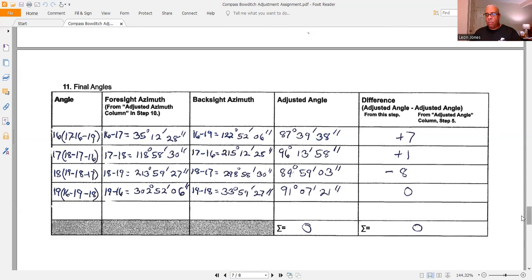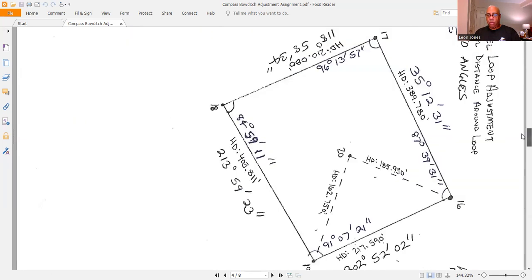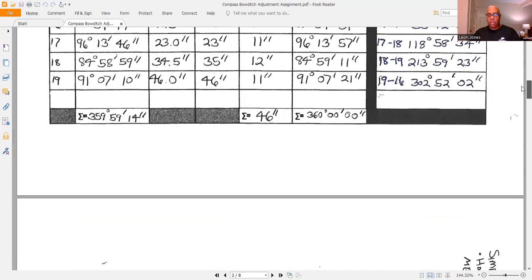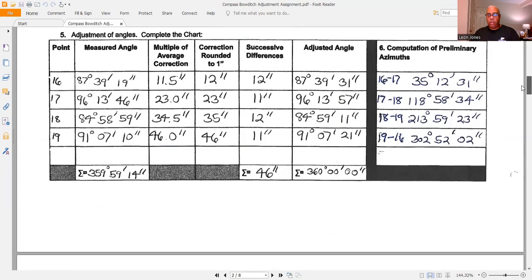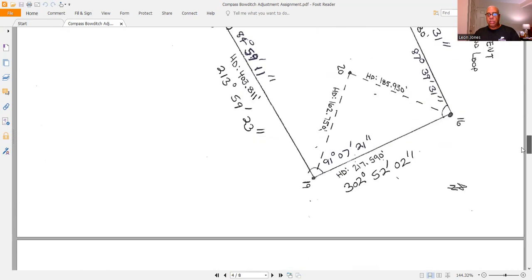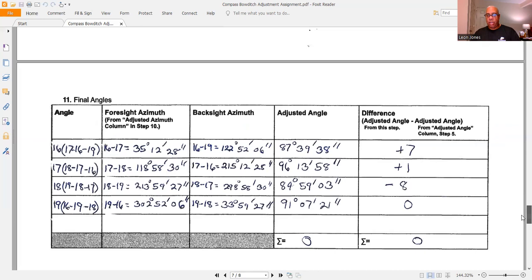Now, let me go back and show you how I got this +7 for my adjusted angle. So my adjusted angle was 87, 39, 31. Now, my final adjusted angle was 87, 39, 38. So how did I get to 87, 39, 38? I had to adjust it by 7 seconds.